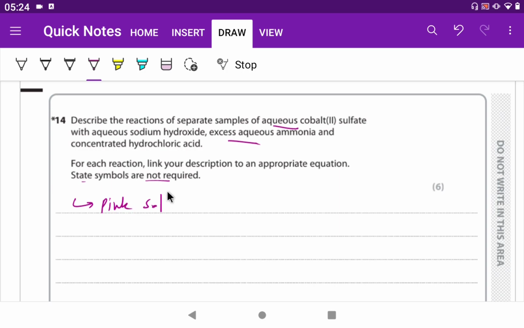pink solution changes to blue solution. Okay, this changes from pink to blue solution, and after that cobalt sulfate aqueous solution.